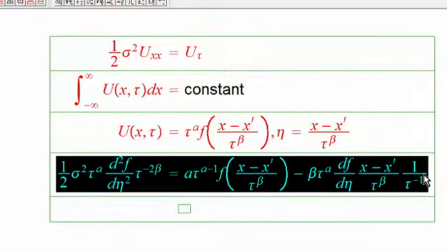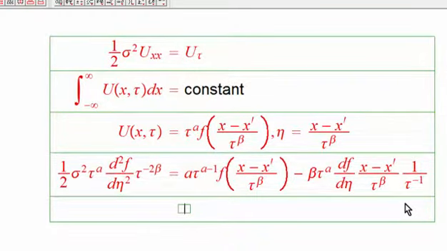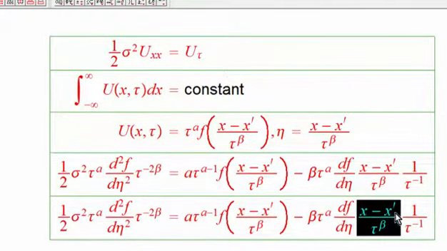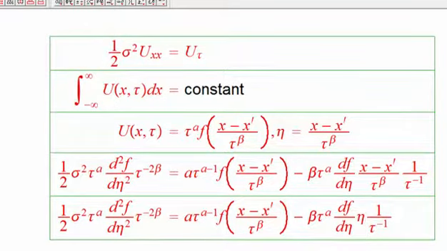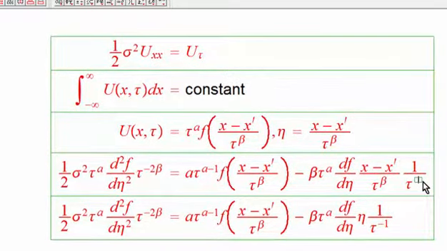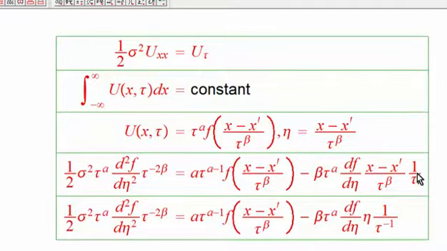So let's clean this up a little bit. I'm going to call this whole thing eta. And here I've got tau to the minus 1. Oh, that should be 1 over tau. That should just be tau here. 1 over tau. It's tau to the minus 1 up here. All right, what do we got? This is again eta.